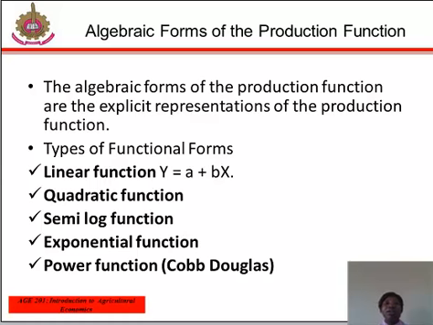So the linear function is very simple and easy to work with. It is mainly taught for academic exercise since most agricultural production is not adequately represented in linear functional form. And the second function that I'm going to talk about here is the quadratic function.